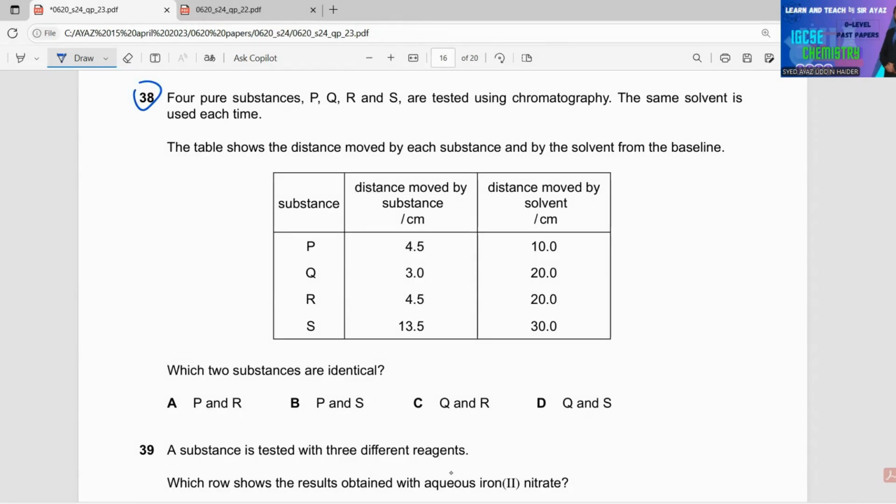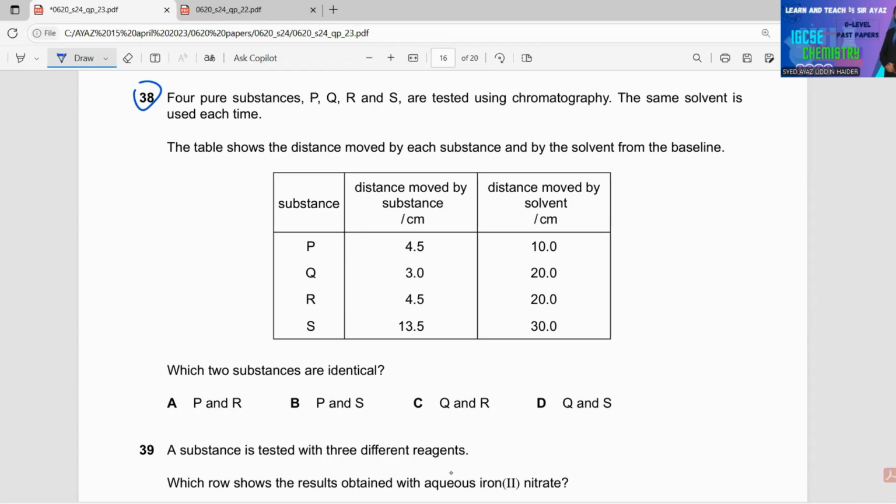Four pure substances P, Q, R, and S are tested using chromatography. The same solvent is used each time. The table shows the distance moved by each substance and by the solvent from the baseline. Which two substances are identical?